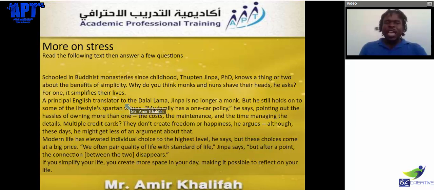A principal English translator to the Dalai Lama, Jinpa is no longer a monk, but he still holds on to some of the lifestyle's Spartan values. My family has a one-car policy, he says, pointing out the hassles of owning more than one, the costs, the maintenance, the time managing the details.